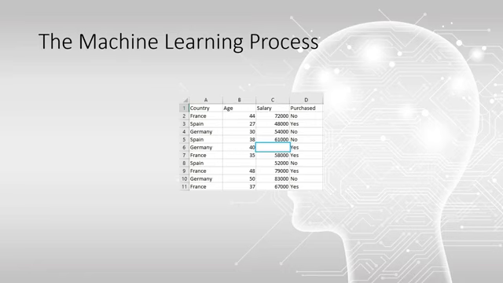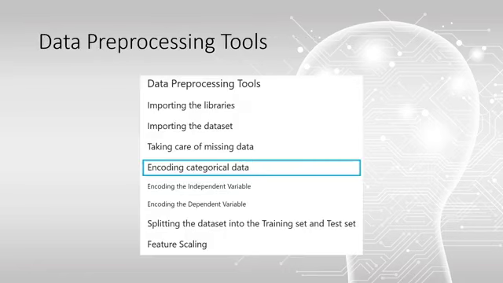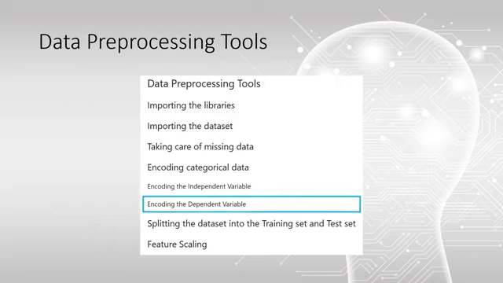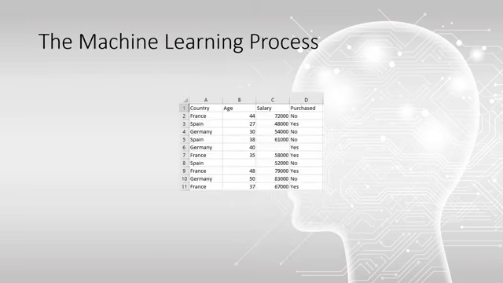Then after taking care of the missing data, I'll show you how to encode categorical data, whether it is the independent variable, which is your predictors, or the dependent variable, which is what you want to predict. So as you can see in our data set, we have actually two categorical variables.